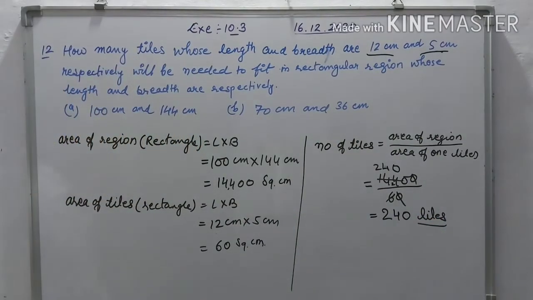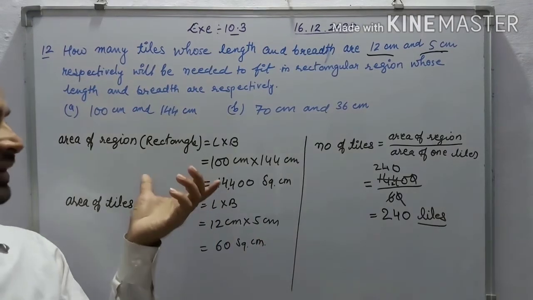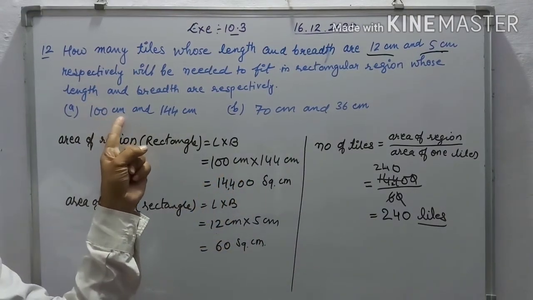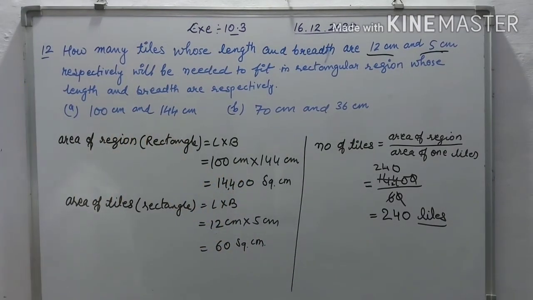Okay, 240 tiles will be needed to cover the area of 100 centimeters and 144 centimeters.